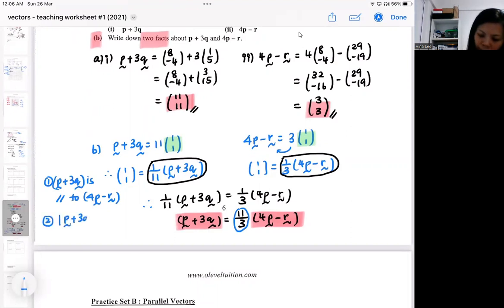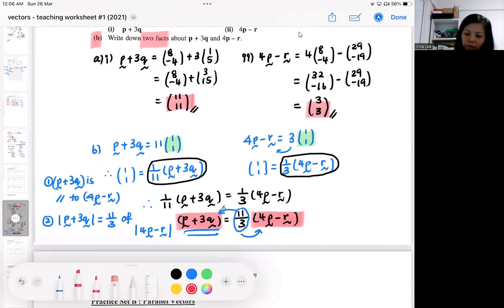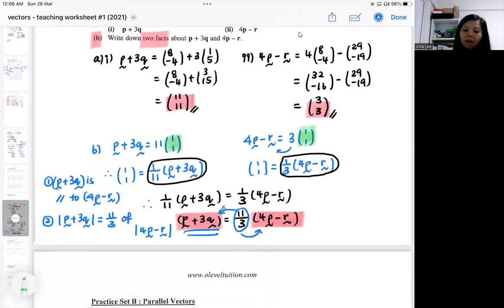The magnitude of P plus 3Q is 11 over 3 of the magnitude of 4P minus R. So in a way, I know that this one is the longer one. This part is 11 units, this part is 3 units. They are different in length, but they have the same direction. The direction is the 1, 1 direction. This is the direction that they are following, just in different lengths.